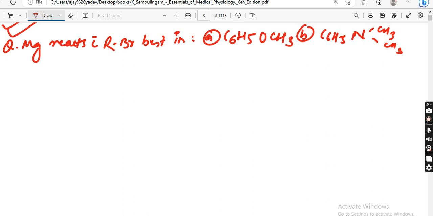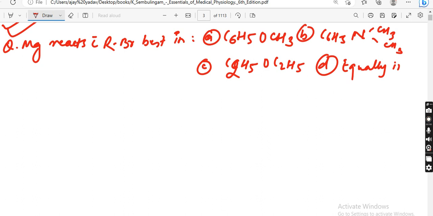Option C is C2H5OC2H5, and D is equally in all. Actually, this reacts in all of these, but it reacts better in this one.